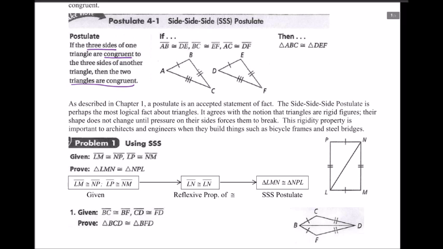And if you think about this, if you have 3 toothpicks that are a given length, so let's say 3, 4, and 5 units long, there is one and only one triangle that you can build using that. And that's why any 3 lengths are going to make the same triangle over and over.